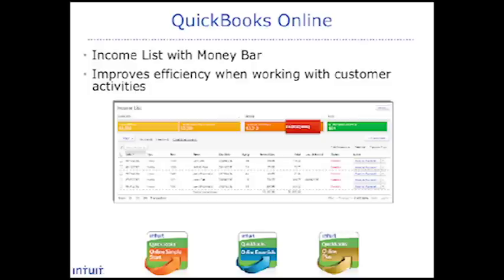Within types of transactions, I can say I want to look at invoices, or just overdue invoices, and resend them to the client. On the right-hand side, that blue column is for related transactions that I might need to do with that particular client, like receive a payment.